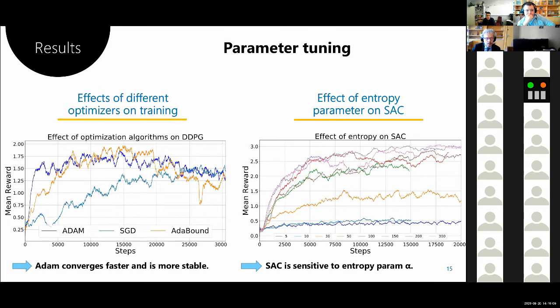So for low values of entropy, close to 5 or 10, the mean reward remained very low and the algorithm could not learn the policy. For values of entropy close to 300, the algorithm converged very fast, and after 7 or 8,000 steps, it reached a mean reward of more than 2.5, close to 3, which is close to the maximum reward.